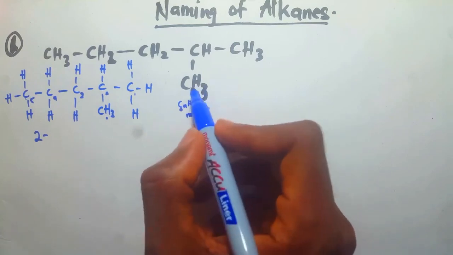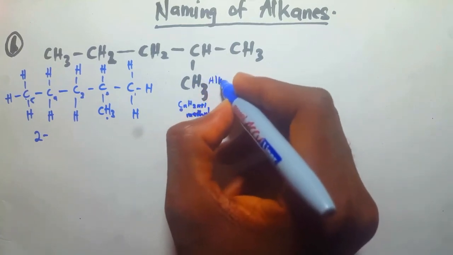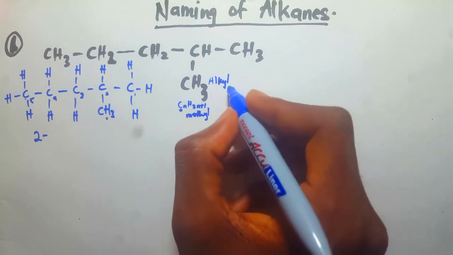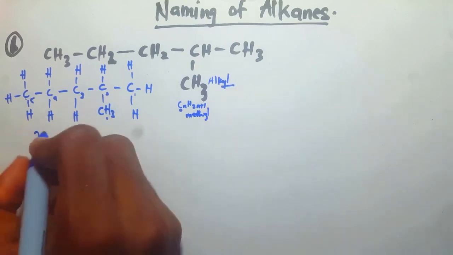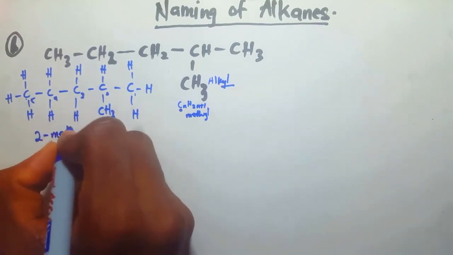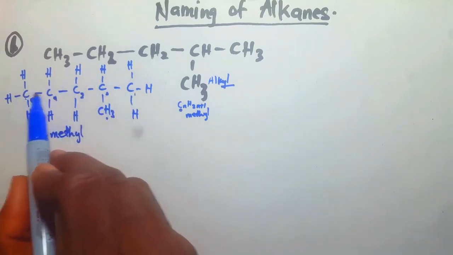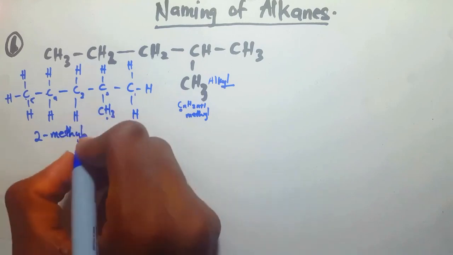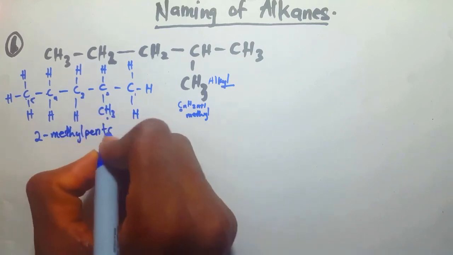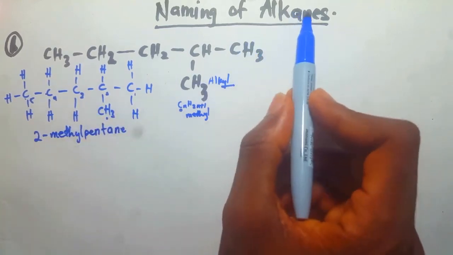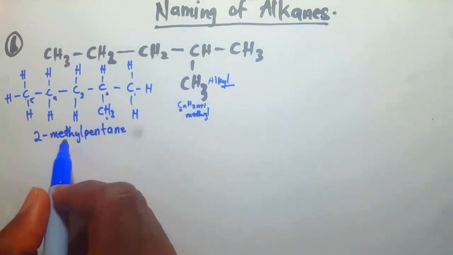Why methyl? Because it's an alkyl group. So 2-methyl. Afterwards, since it's an alkane with 5 carbons, 5 is pent, so pentane, like an alkane, ane. So 2-methylpentane.